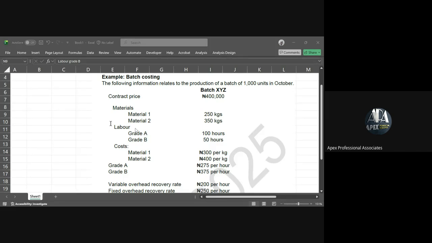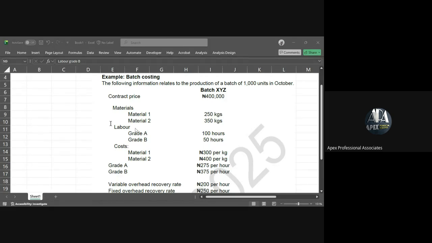The cost of material 1: we need 250 kilogram of material 1 at 300 naira per kilogram. We need material 2, 350 kilogram at 400 naira per kilogram. Are you following?